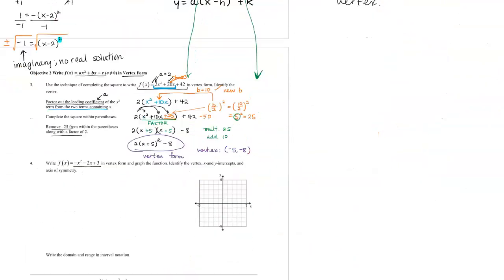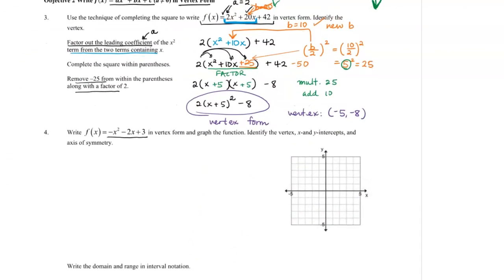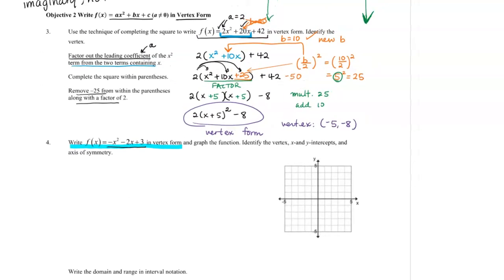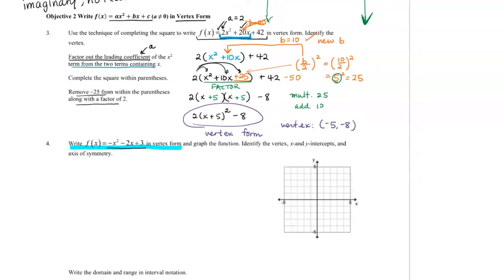But in example 4, this is not in vertex form. We have to write it in vertex form, and in order to switch it, we're going to follow these steps that tell us how to complete the square. Because it is completing the square on a quadratic that gets you from standard form to vertex form.